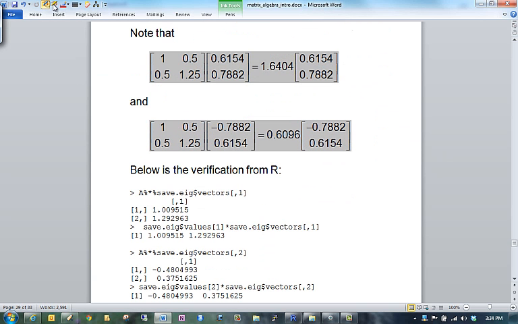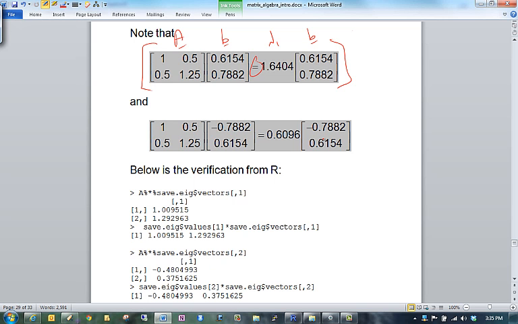And make sure you can do this. You can actually verify that when you take these eigenvectors and multiply everything out, you do have this equality here, as by definition what an eigenvector is. And you can verify in R that this occurs too.